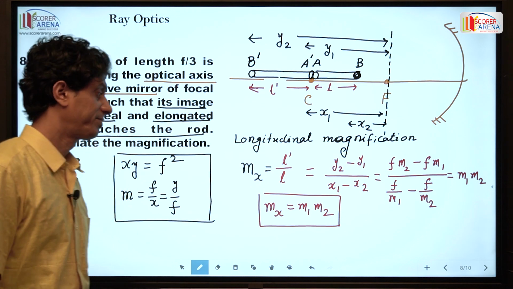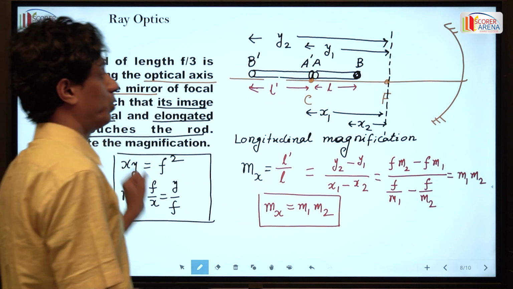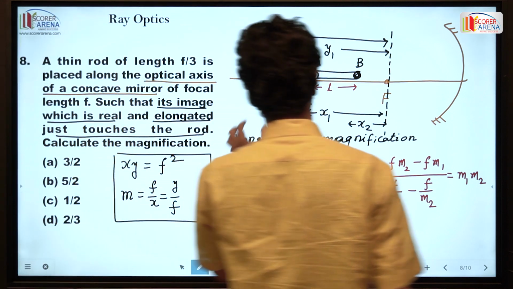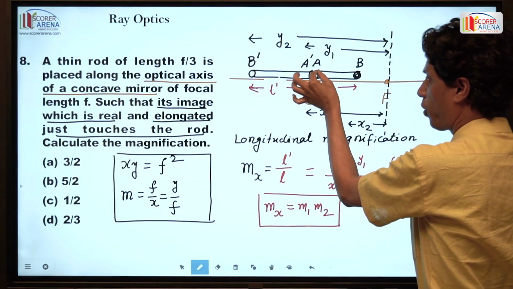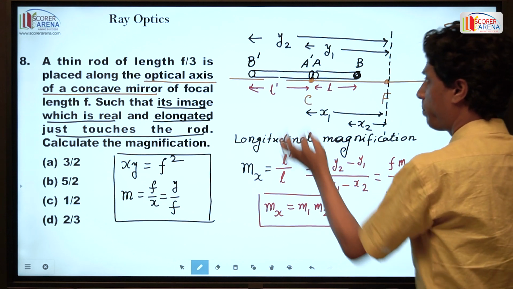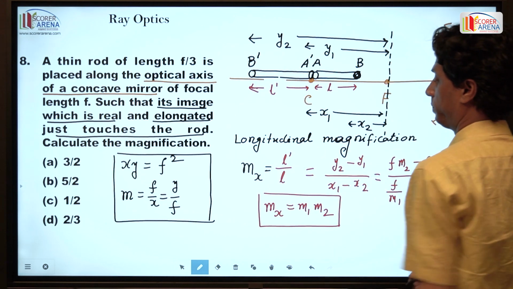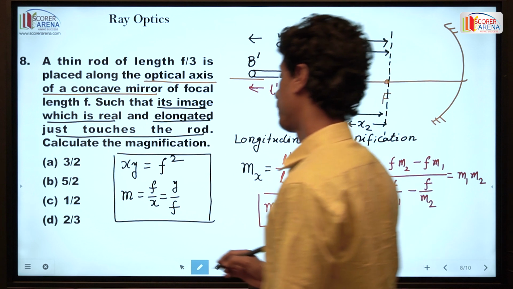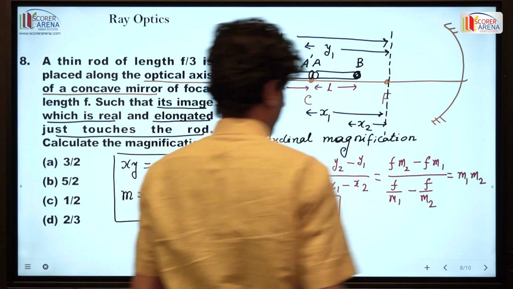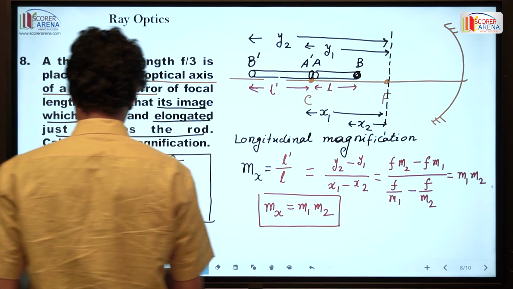Clear? And M1 is the magnification of point A and M2 is the magnification of point B. Solution of this problem.